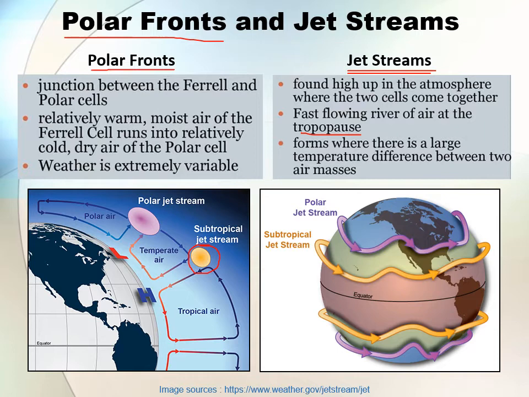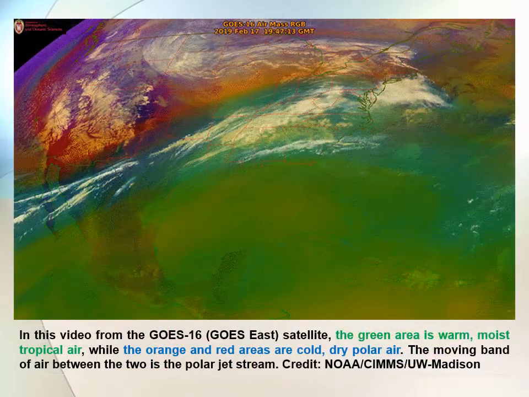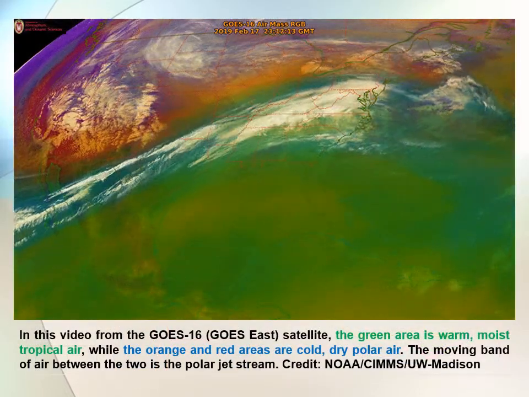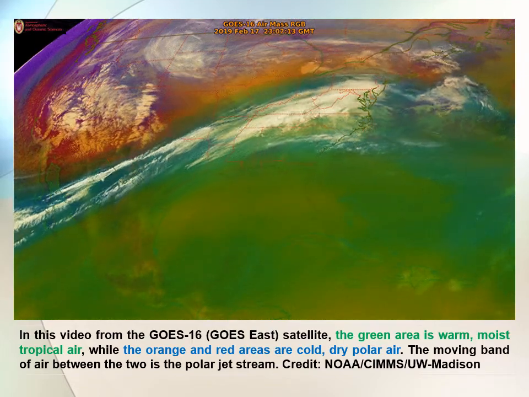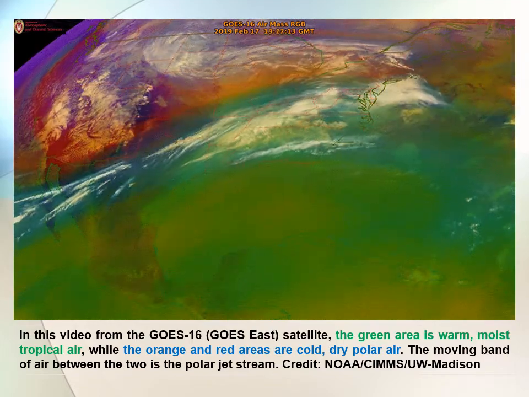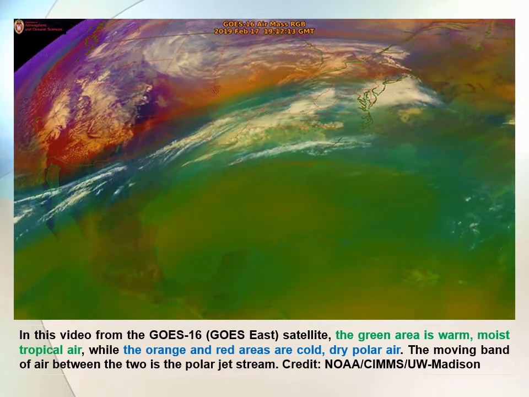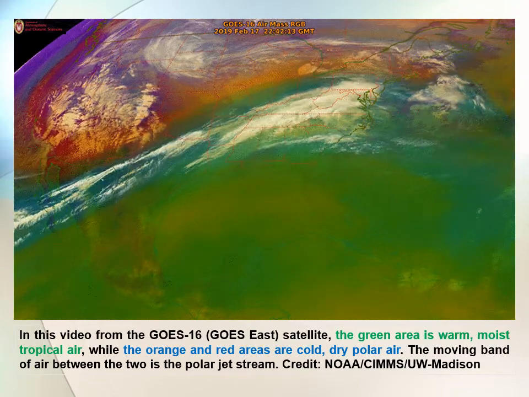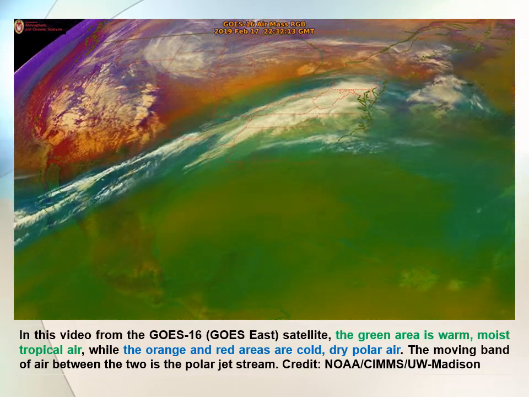If you look at a satellite picture, you can see this green colored portion is basically the subtropical warm wind, whereas this reddish orangish colored wind is basically coming from the polar region. Now when these two winds meet, you can get an idea about the flow.